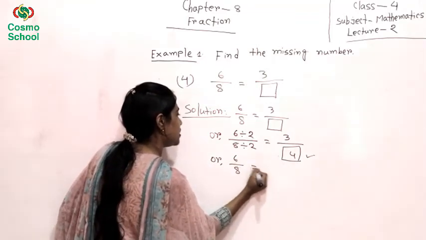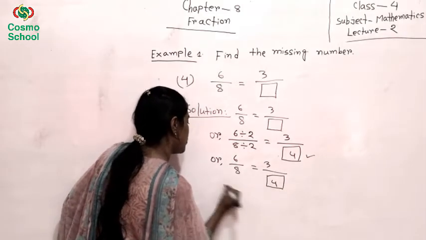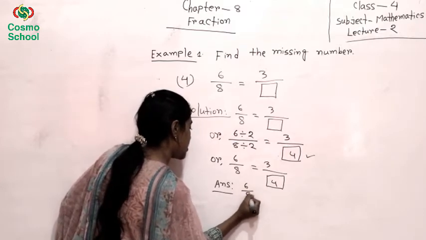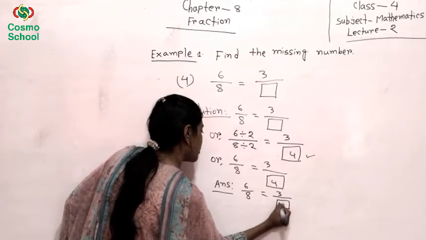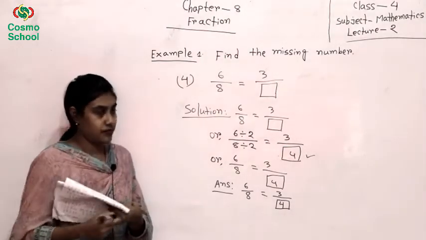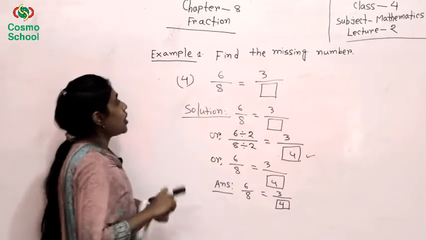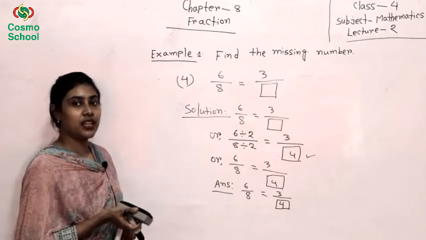So the result is 3 divided by 4. Answer is 6 divided by 8, 3 divided by 4. I hope all students will practice it very well.